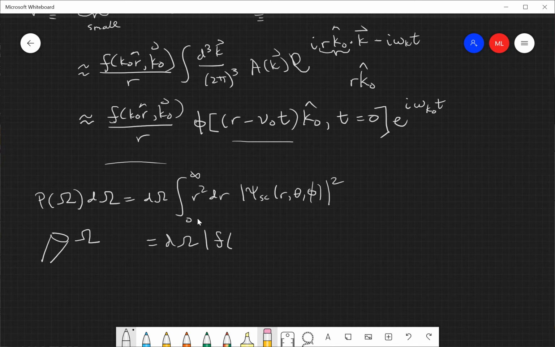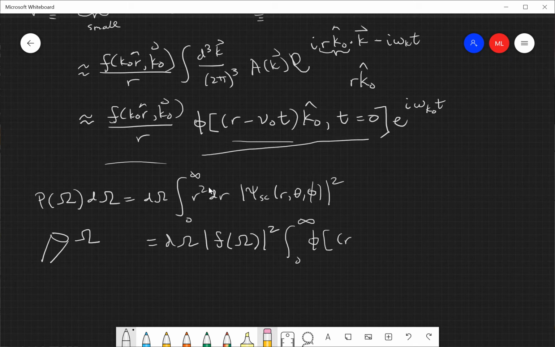And now I can just write it in terms of omega, right? It's just the scattering amplitude in that direction. Then there's a 1 over r, which gets squared and gets multiplied by this r squared. So the r squareds cancel, and you're left with just this integration from 0 to infinity of this initial wave packet function.